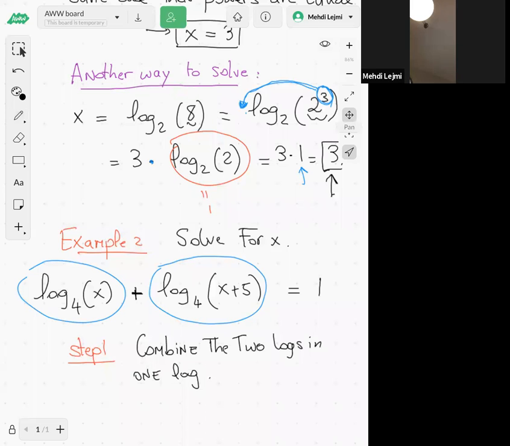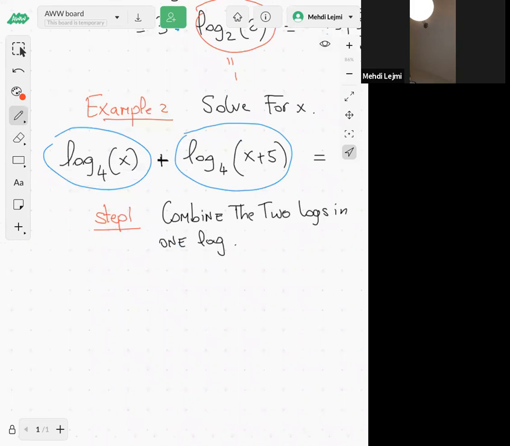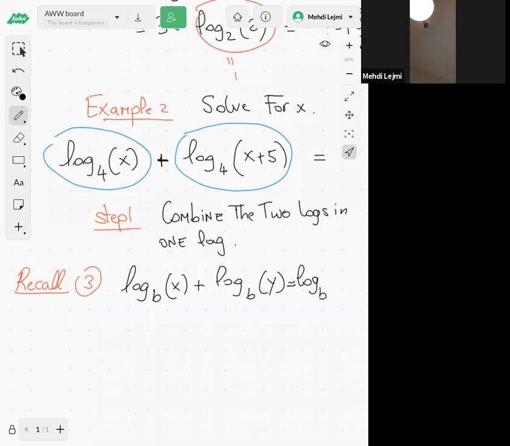Okay, and the way to do it is we're gonna use one of the properties. Remember when you have a sum of 2 logs, this is property number 3. So we said if you have log in base b of x plus log in base b of y, that will be log in base b of x times y.